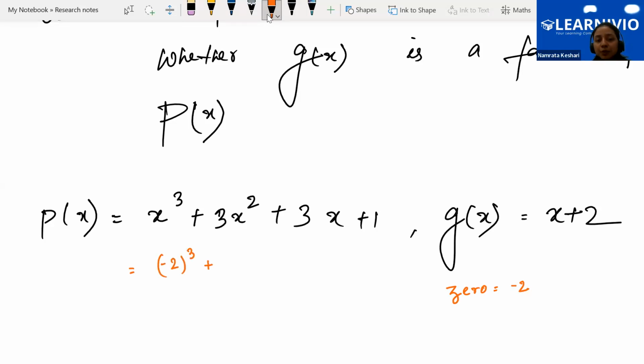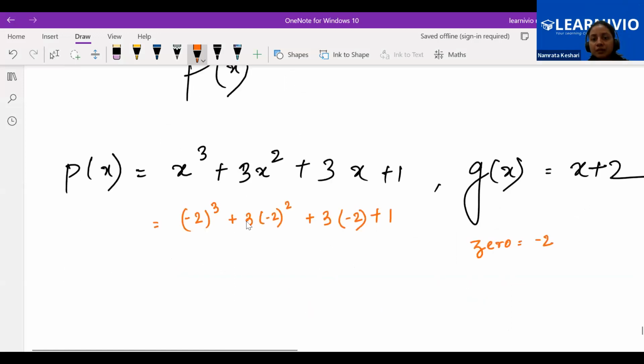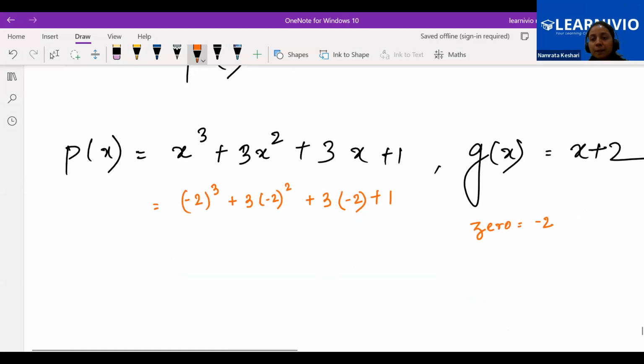What are you getting after doing the simplification? Why is it lagging this much? Yes, Ayan, you also do the simplification and tell me what result you are getting at least.